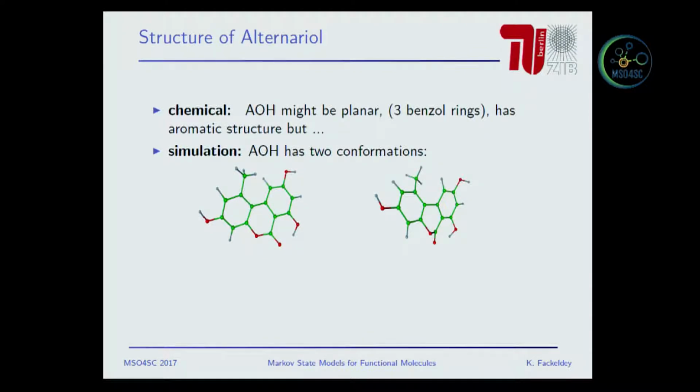And so we identified these two conformations, and then we could say that in most cases the AOH, so altenariol, is non-planar, and so the theory they had concerning the problem with this intercalation with the DNA will not hold.